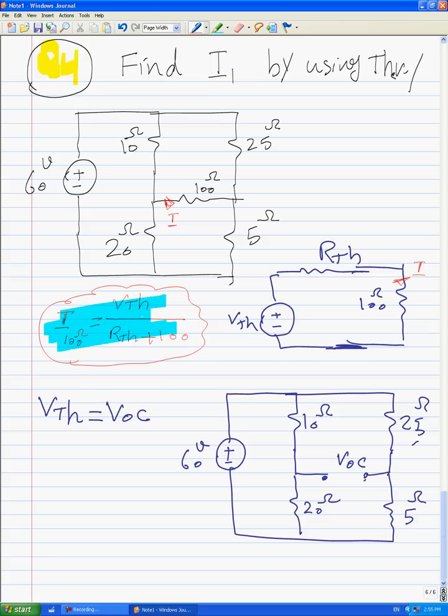Now we want to find out the open circuit voltage in this circuit. Again, if we define here N for this node, and here we have A and here we have B, we can immediately find out VAB or open circuit voltage.